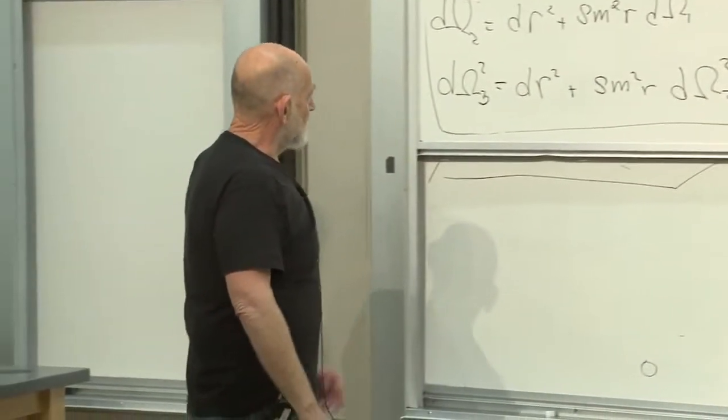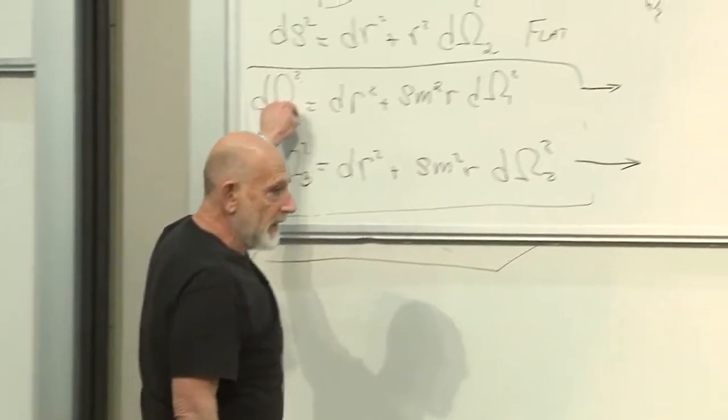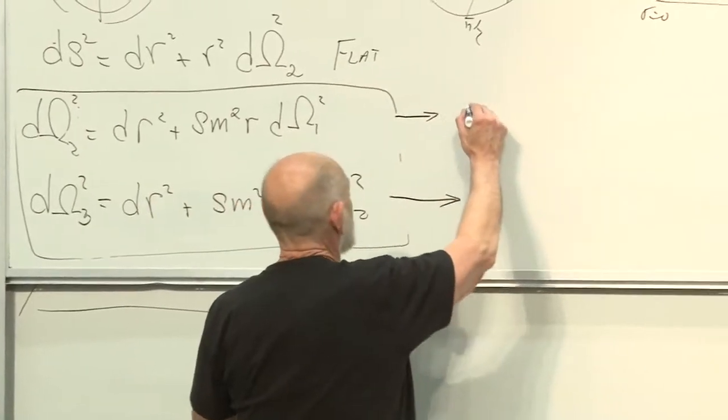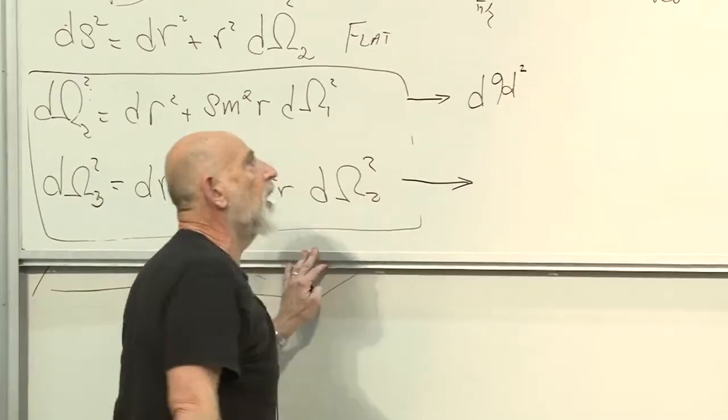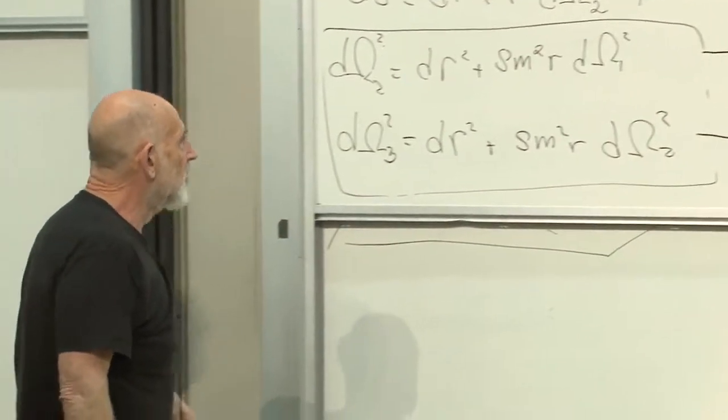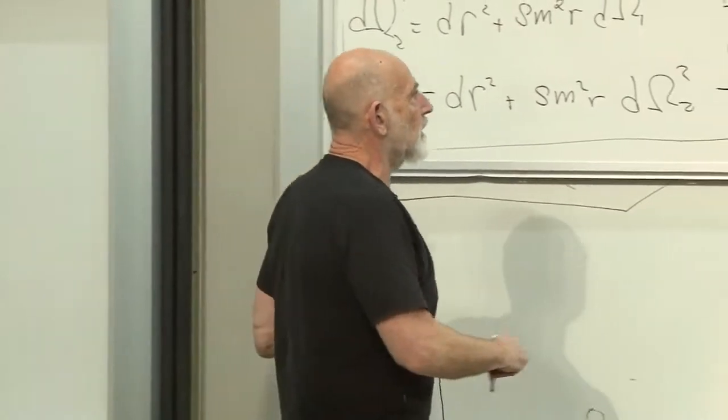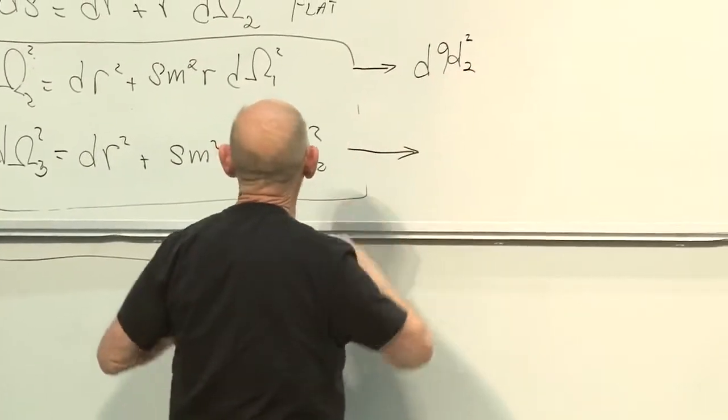Yeah, let's start with 2 dimensions. Instead of calling it omega, we call it h. We call it dh squared. H stands for hyperbolic. dh squared, and now I'm talking about the 2-dimensional hyperbolic space.